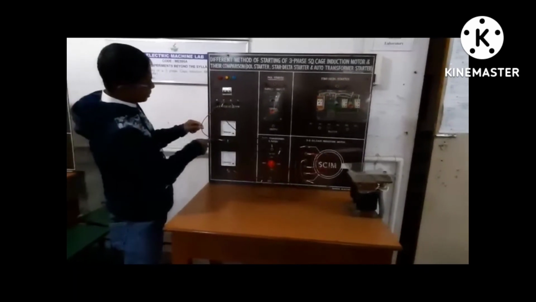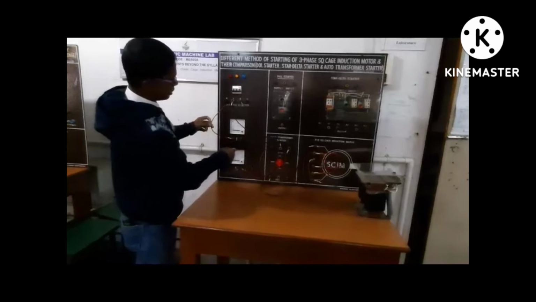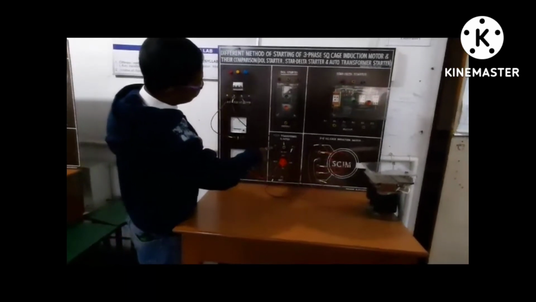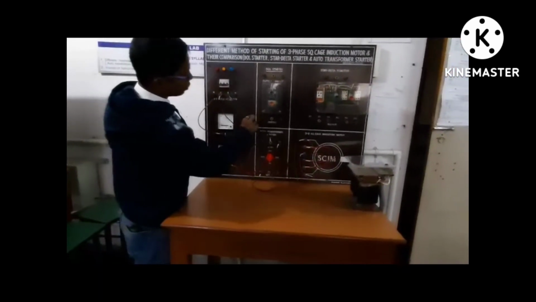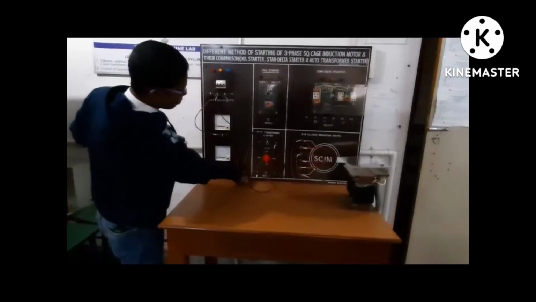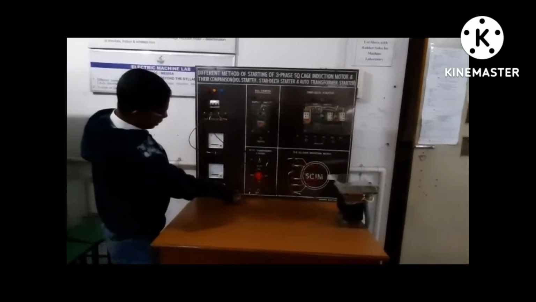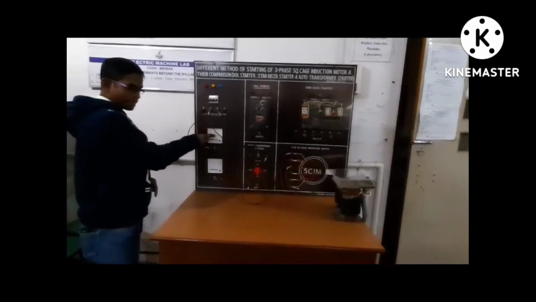In any one of the phases we can measure the current. Here we measure the red phase current. R is connected to the ammeter, and the output of this goes to the input of the autotransformer. Y is connected to Y, B connected to B. We also measure the supply voltage. This is the line voltage and this is the line current.